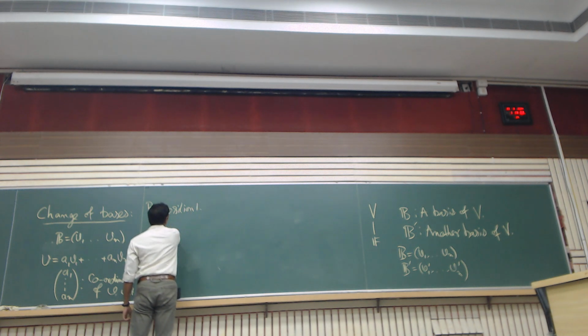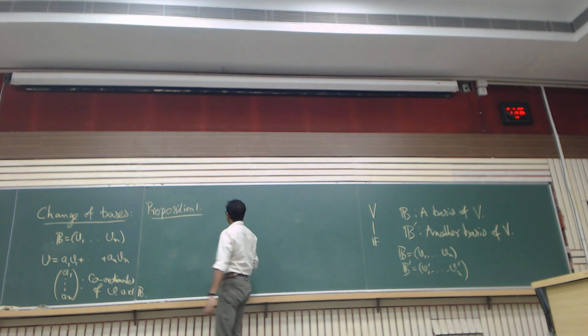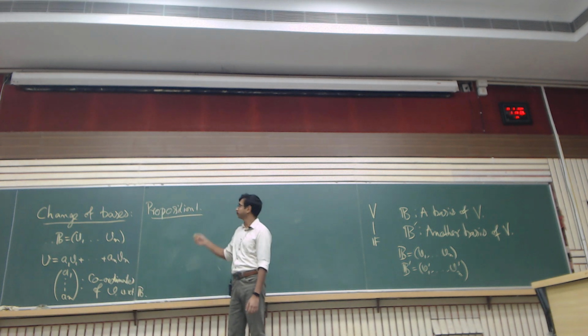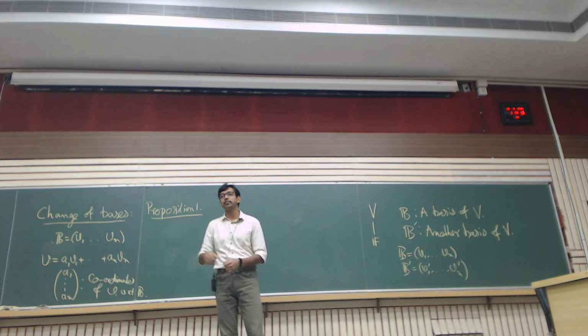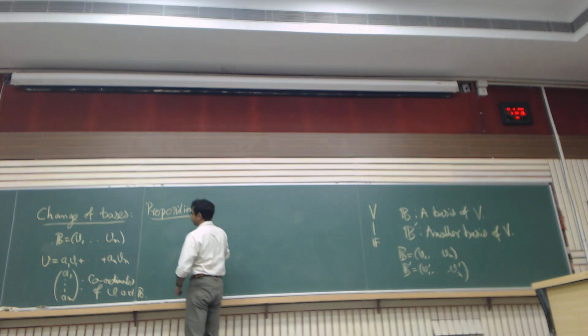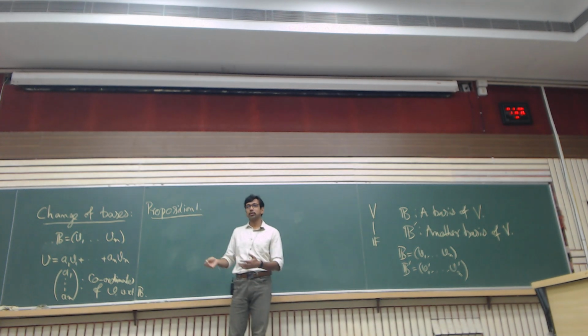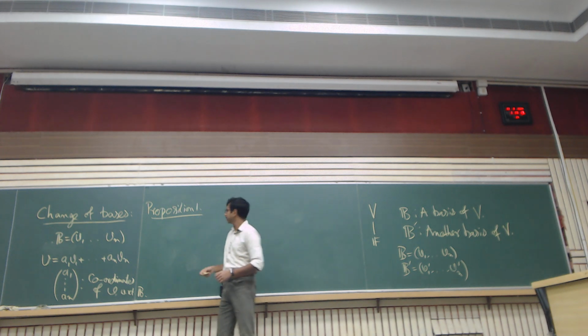Proposition 1 for today: suppose you are given an arbitrary field F, not R, some F_p or any field F. It could be finite, it could be infinite. And you are considering n cross n matrices over those fields.